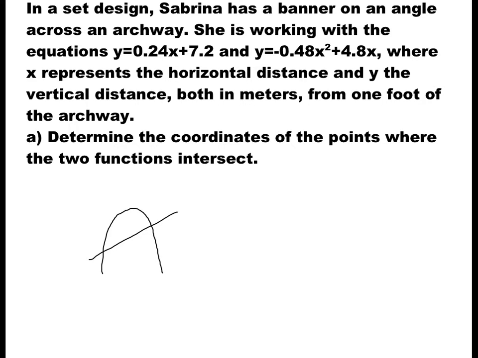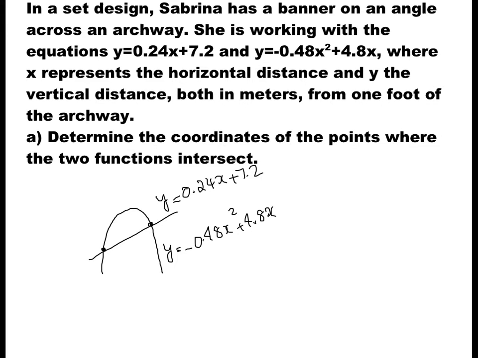Now the equation of the banner is y is equal to 0.24x plus 7.2, and the equation of the parabola or the arc is y is equal to negative 0.48x squared plus 4.8x. The question is, what are the coordinates of the points where the two functions intersect, meaning these 2 points?